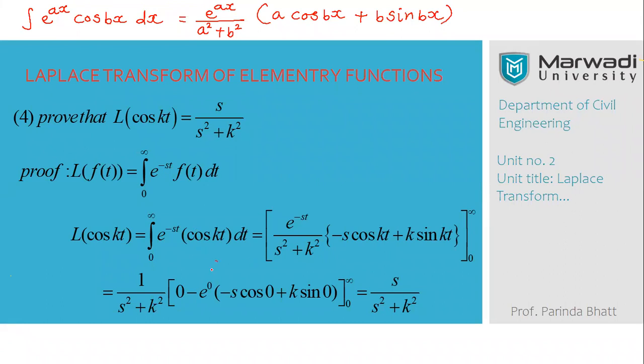And here again a is minus s, b is k, and x equal to t. And again the same rule is applicable: e raised to minus infinity is 1 by infinity, which is 0, cos 0 is 1, and sin 0 is 0.